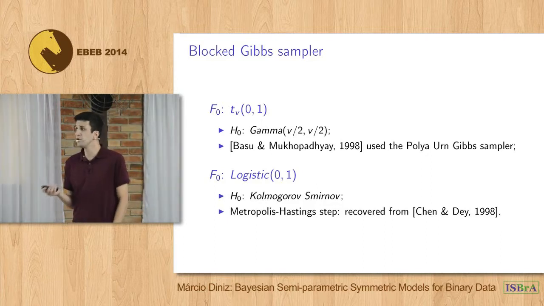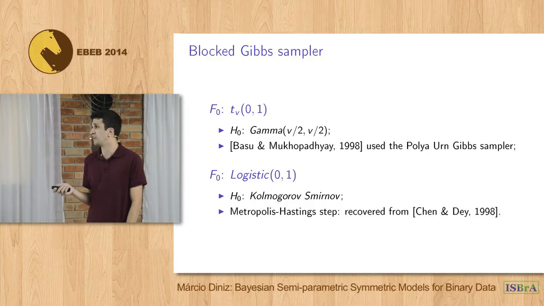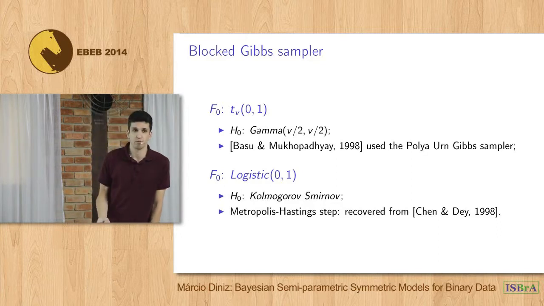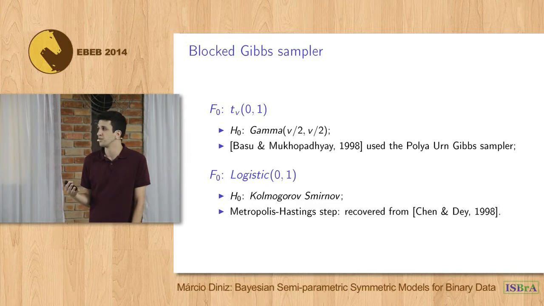But if you want the logistic distribution in the Bayesian semi-parametric approach, it's interesting because we want to talk about elicitation when we state prior distributions for the beta parameters. Then H0 should be the Kolmogorov-Smirnov distribution. It's necessary to insert a Metropolis-Hastings step.